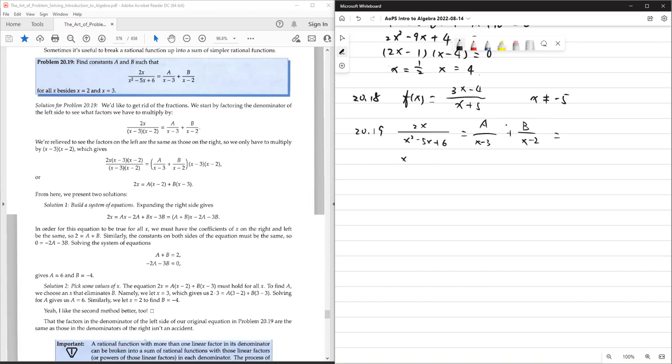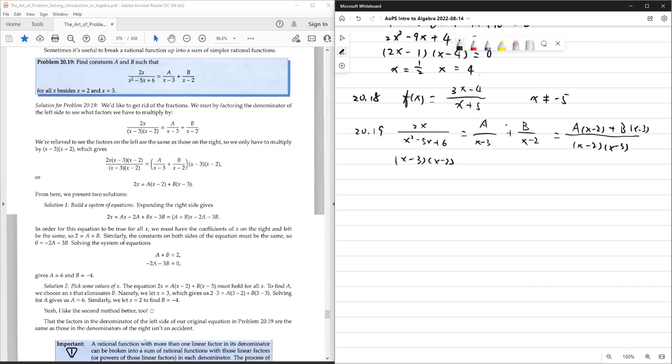This factors nicely to (x minus 3)(x minus 2). So you can write this as (a(x minus 2) plus b(x minus 3)) over (x minus 2)(x minus 3). So we find the common denominator and we do this.